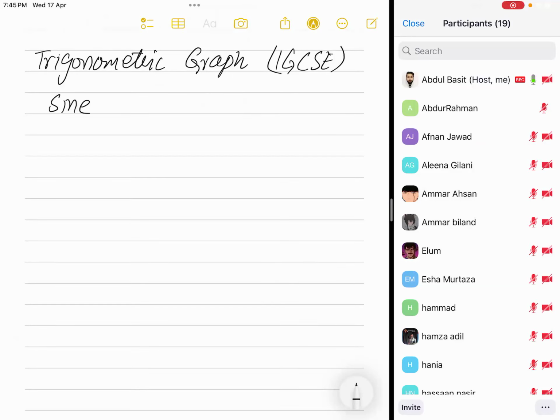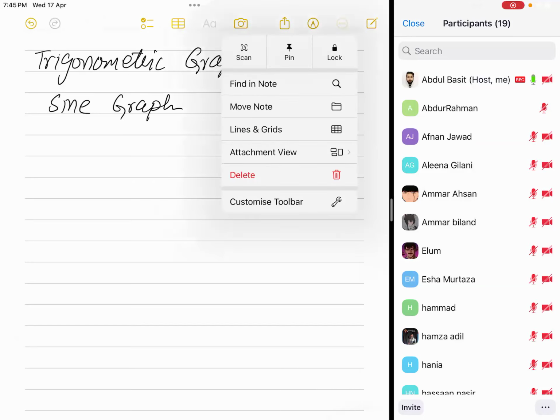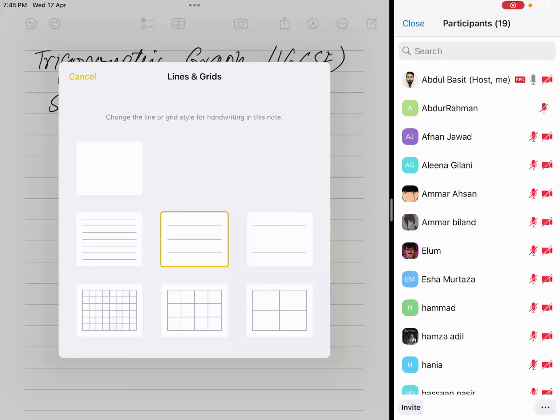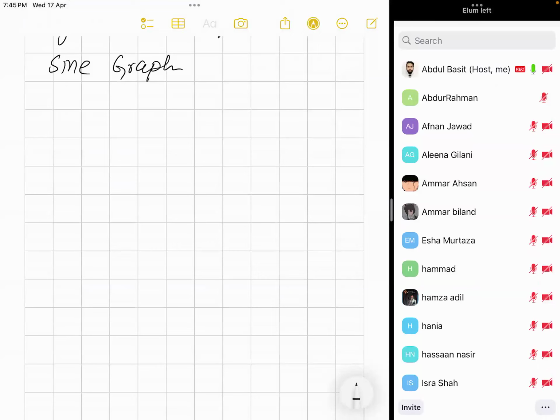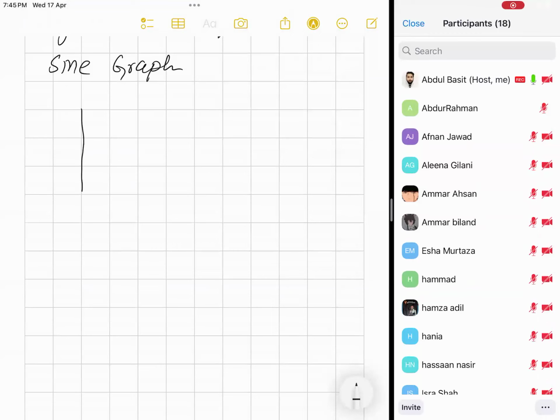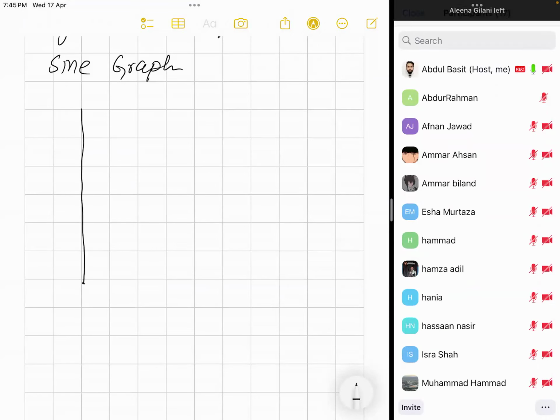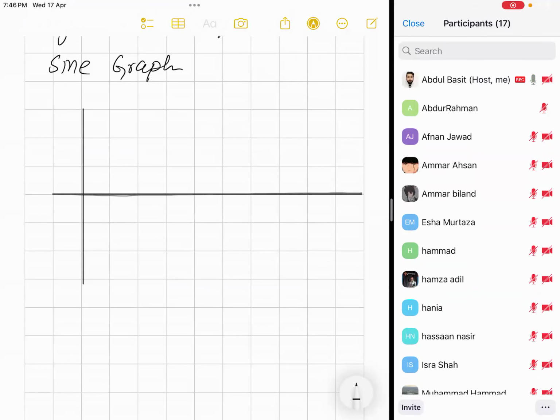First graph is the sine graph. Let me take the graph page now. You will get the question in the exam like this. This point is 0, this point is 1, and this point is -1.